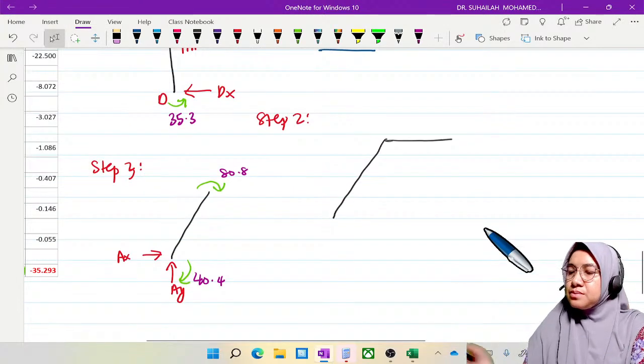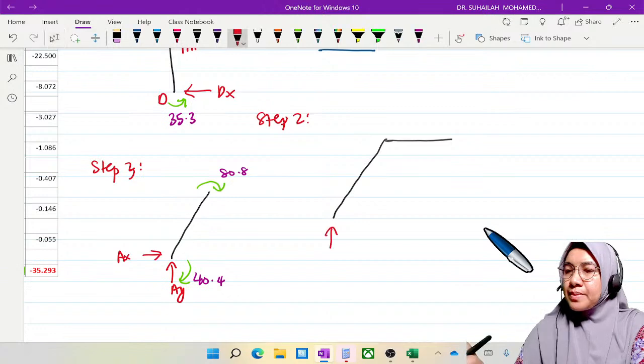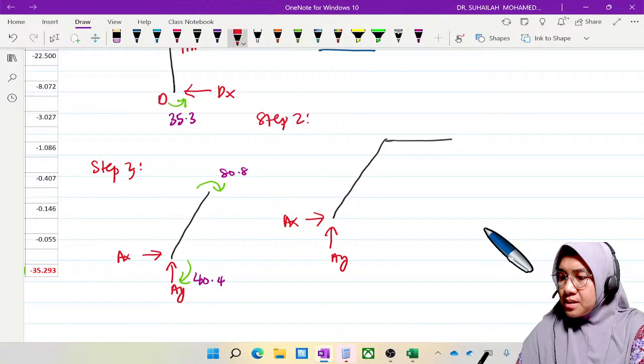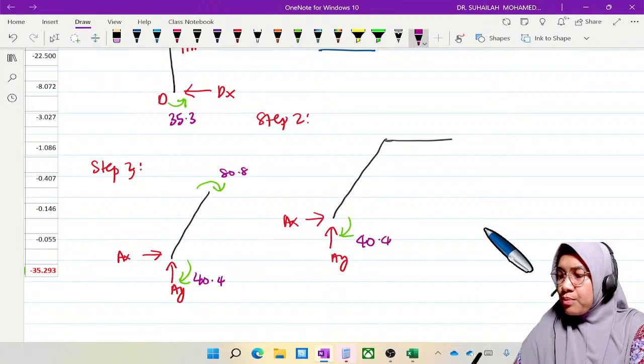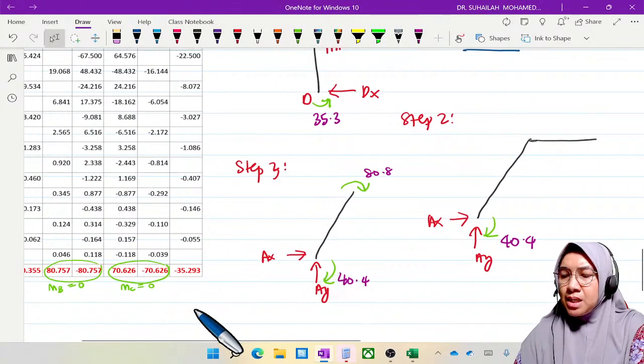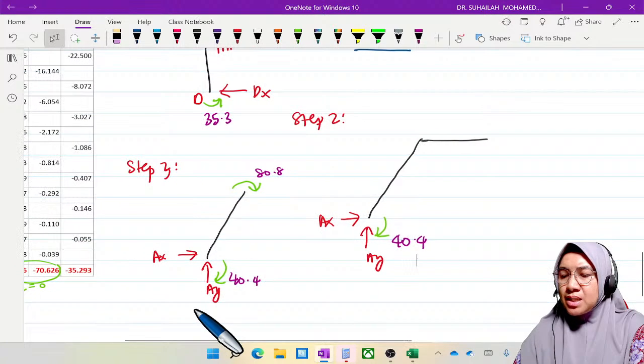Here is AY, here is AX. We have moment 40.4, and then we have moment at BC 70.6.